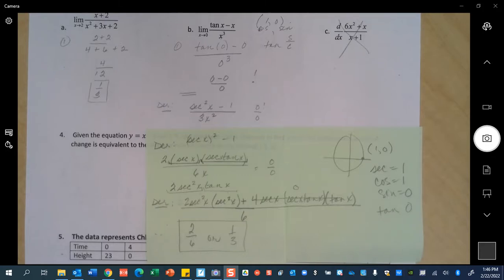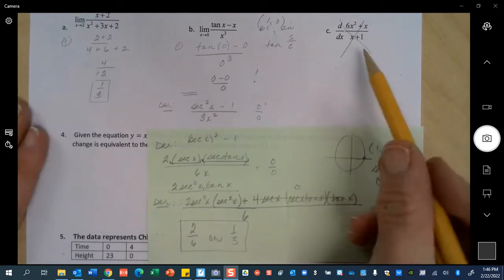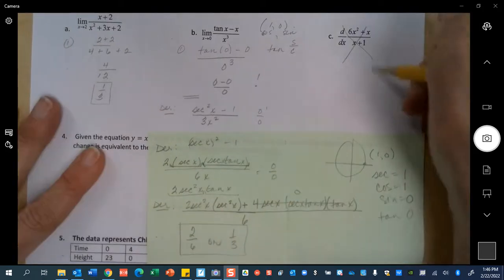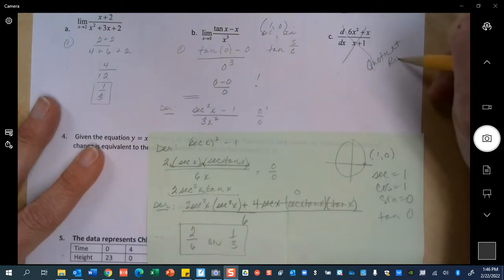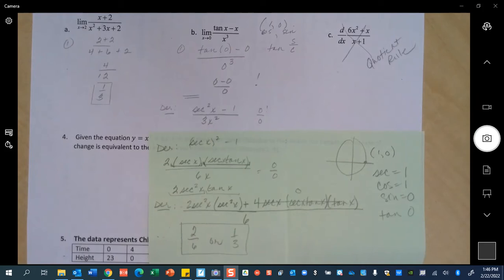If you're not given the limit, and we're not going to make you do this one, but just so you're all on the same page, this is the quotient rule. This is not a limit. It's not L'Hopital's rule. The quotient rule is low d high minus high d low squared the bottom, and away we go. So this one is asking you to simplify this.